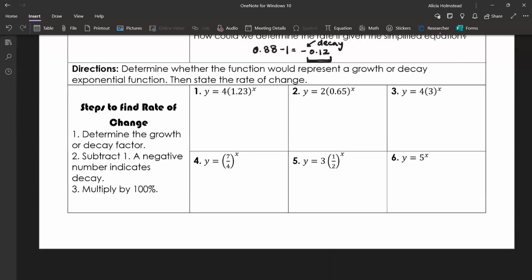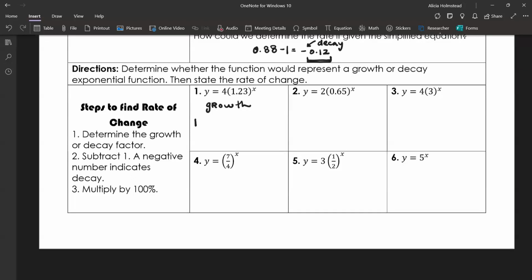multiplying by 100. So if we look at number 1 here, the first thing we need to do is identify if it's growth or decay. Well, if we look at the thing that is the base of our exponential, that number is greater than 1, which means this would be exponential growth. Now, to find the rate, the first thing that we do is determine the growth or decay factor.